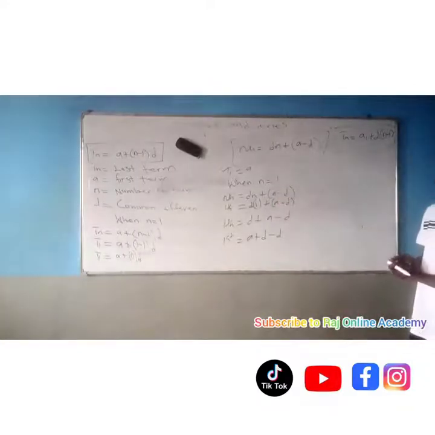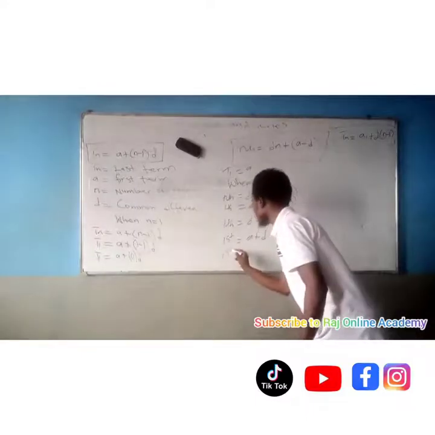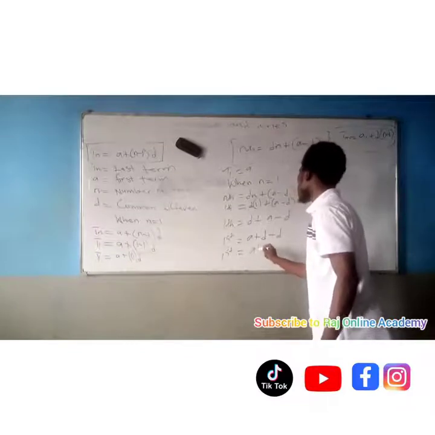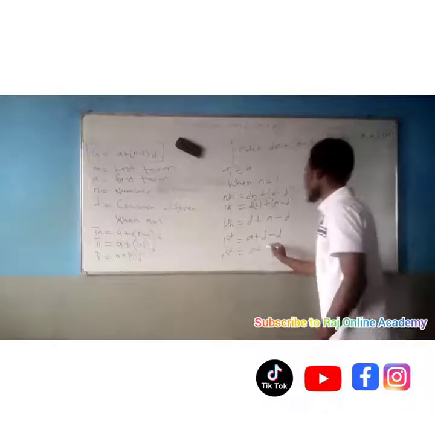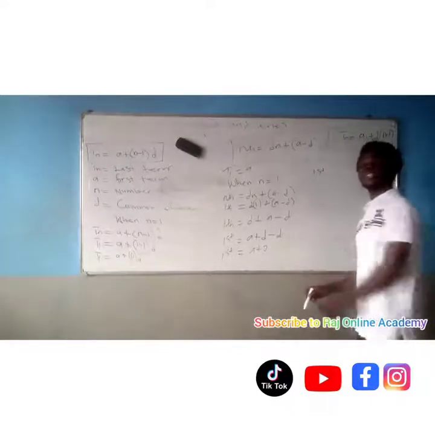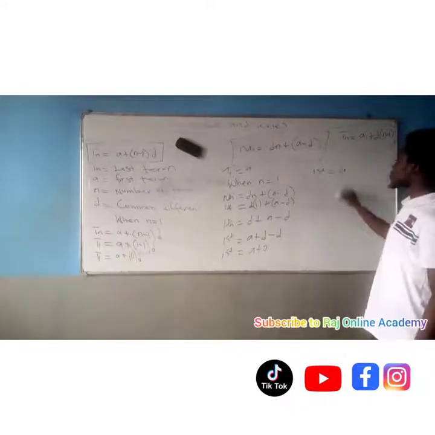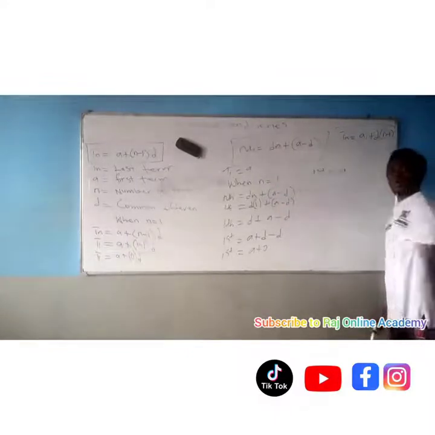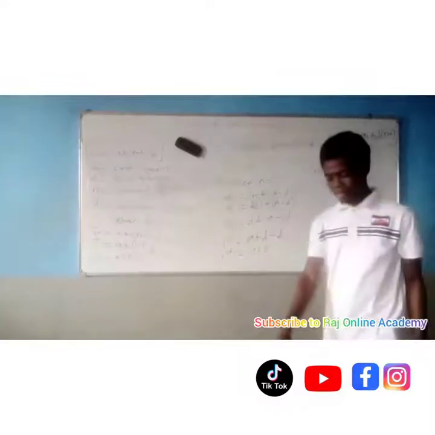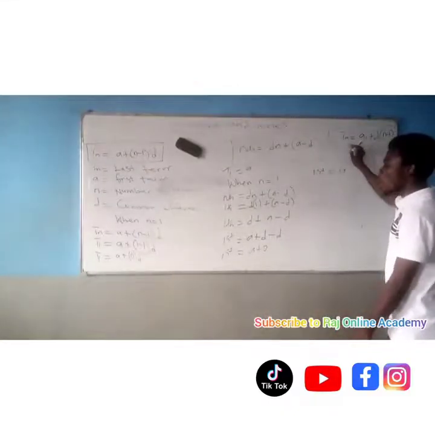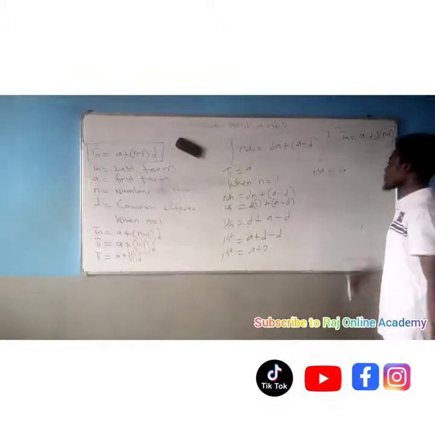The first term is equal to A plus D minus D, and D minus D is 0. So the first term, A plus 0, is equal to A. So when we use either formula, we are going to have the same answer.